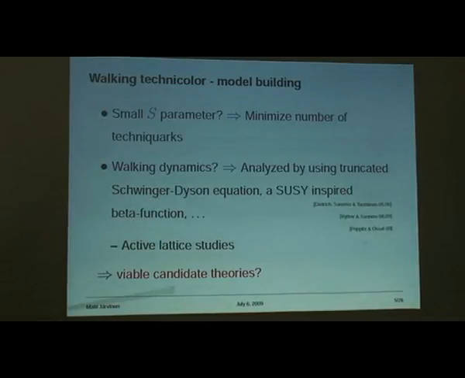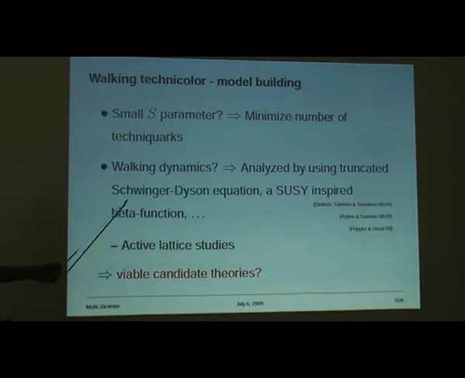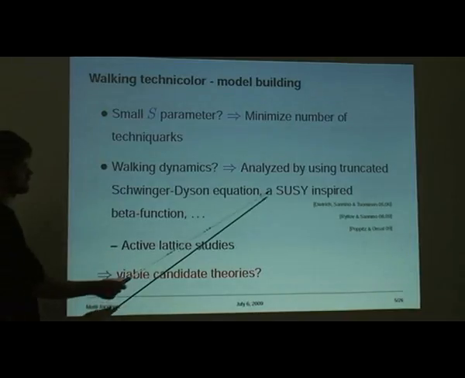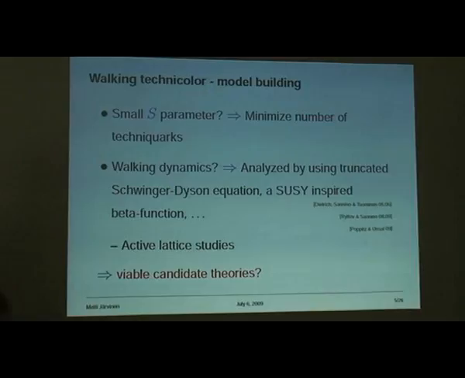And first of all, these have been analyzed by using some Schwinger-Dyson methods, and then also by taking an analogy to the supersymmetric Yang-Mills theory and the beta function there.